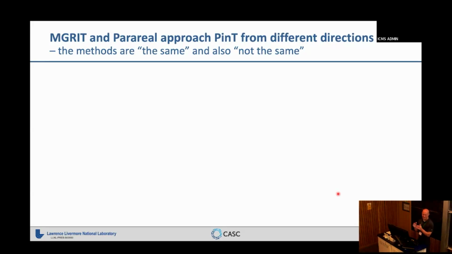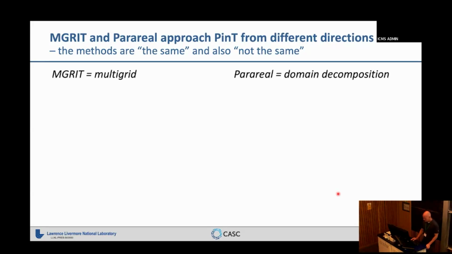This is at least my perspective on it, just to give you an indication of why that's the case. Okay. So MGRIT comes from a multigrid perspective. And as Martin said yesterday, Parareal is really, he thinks about it as domain decomposition. So it's two different ways of approaching the problem.